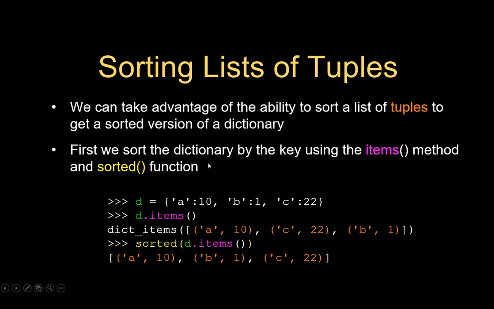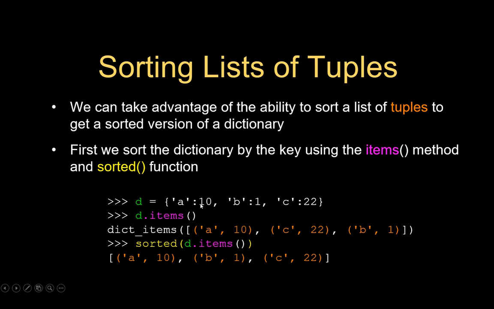Basically, first we sort the dictionary by the key using the items method, and then we use the sort function, basically getting the highest value or lowest value. In this case, we have a dictionary of three keys and values.